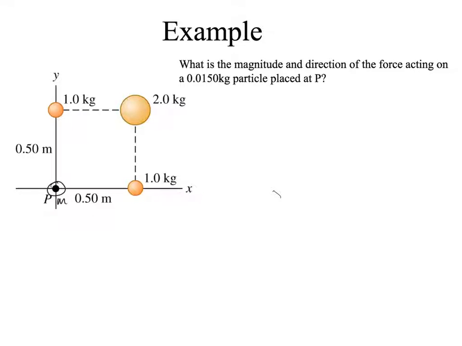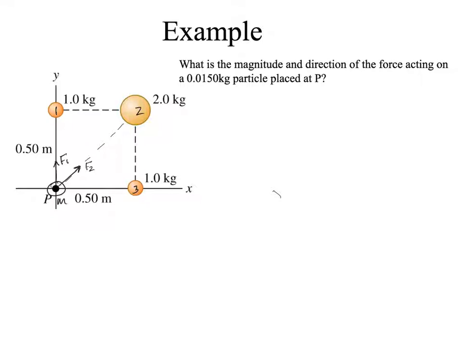So again, I'm going to label them. This will be 1, 2, and 3. And so the first thing that we always do is we draw the direction of the force. So this mass is going to pull it towards it, and so that will be the direction of F1. This is going to be along the diagonal because it's always along the line joining the two masses.